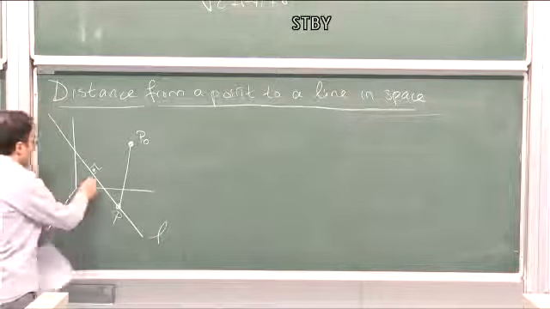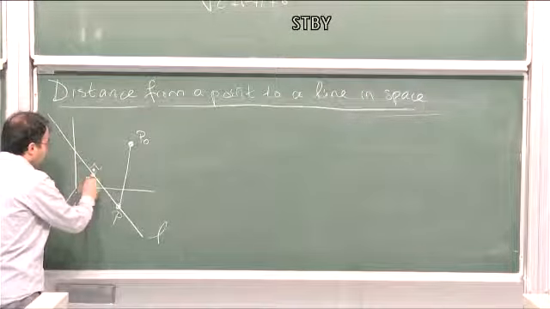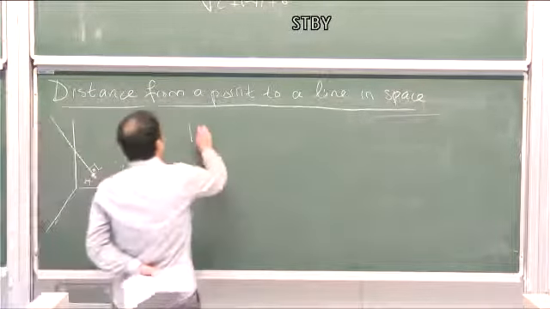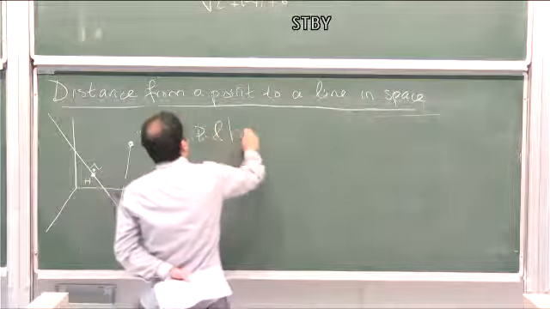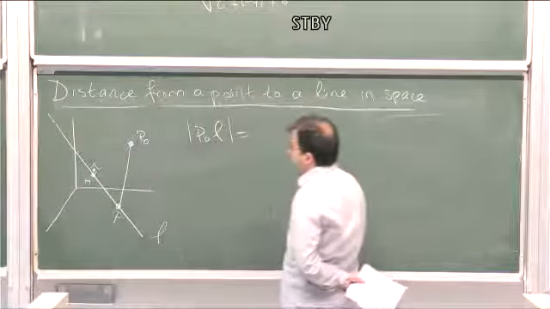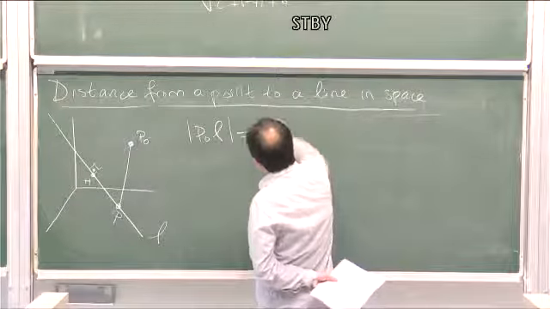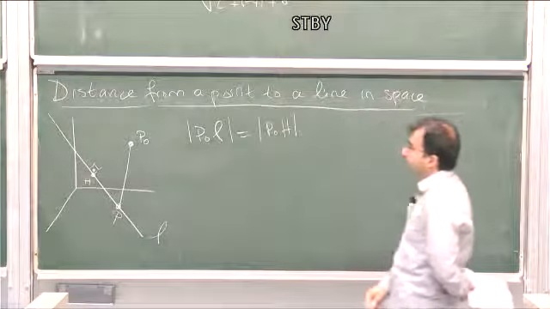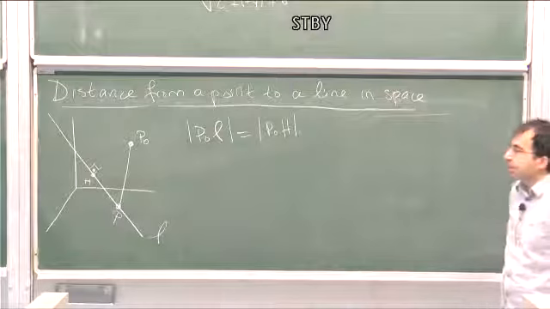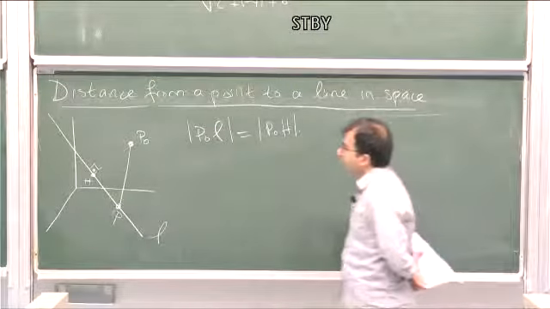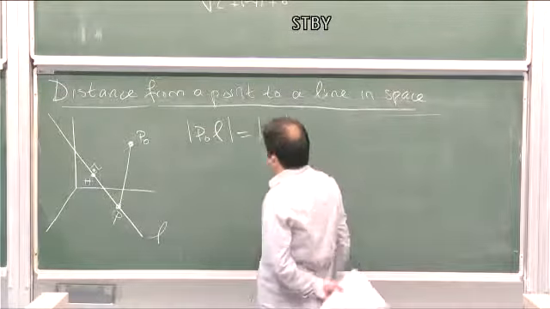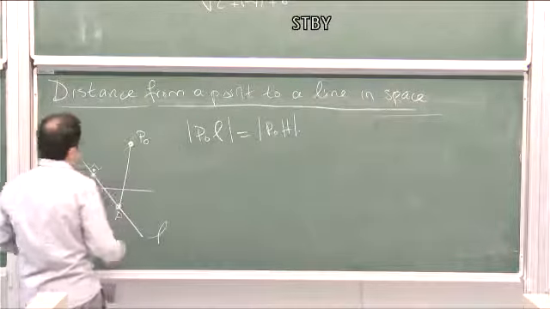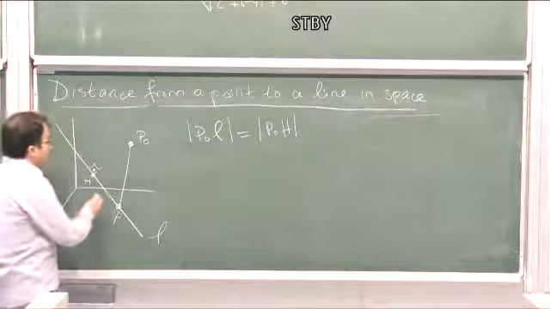Again, let's denote this foot by H. So the distance from P0 to this line L should be equal to the distance from P0 to H. Now how do I find this distance? Again, we use some geometry here.